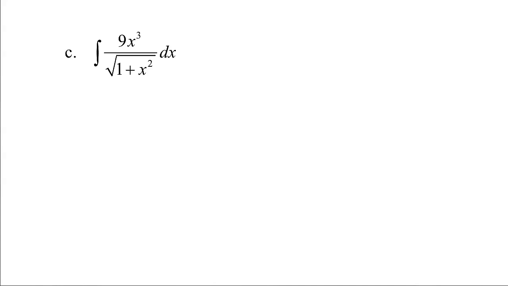Okay, so in this case, I don't see anything else. So I'm going to let x be, it is 1 plus a variable squared. So I'm just going to let it be tangent of theta, such that I have 1 plus tangent squared, and I'll be able to turn that into secant squared. So then my dx actually is secant squared theta d theta.